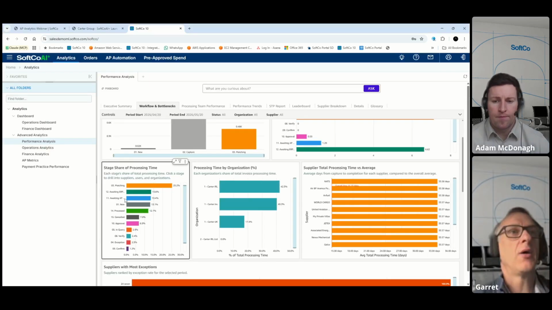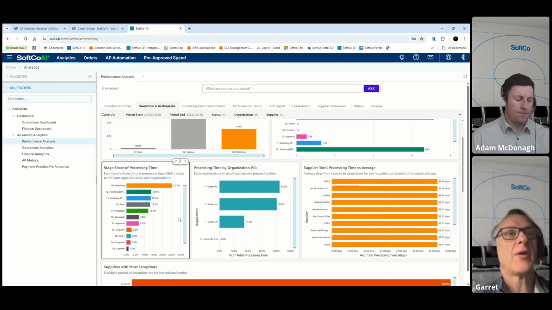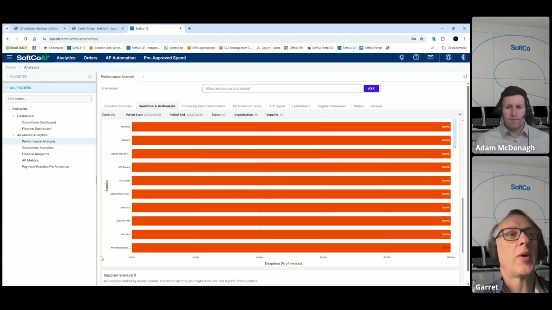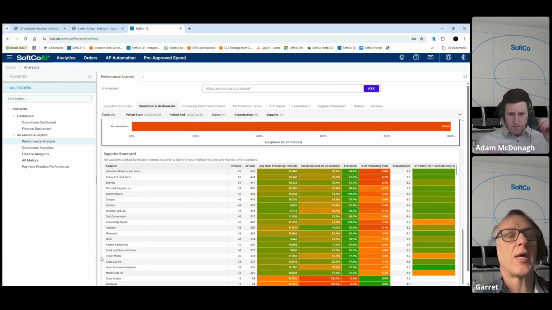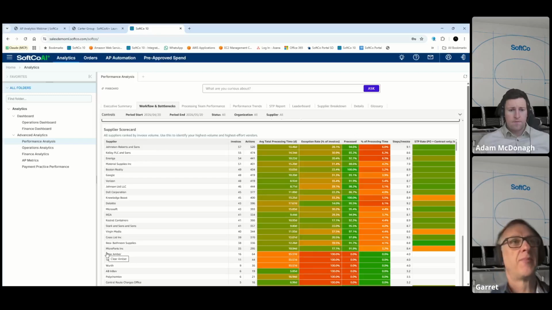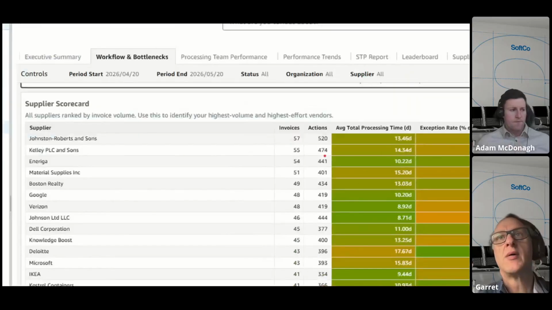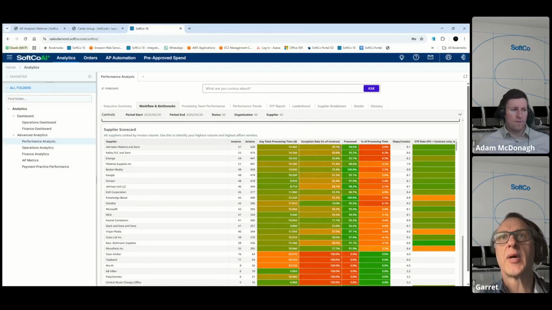And also, as I was mentioning earlier on, being able to have meaningful conversations with suppliers. That's where we come at it with the concept of a supplier scorecard, so that on a supplier by supplier basis we can identify how much time we're having to spend on their invoices, what's the typical exception rate, what's the typical number of steps it takes to process those invoices, and what's the time we require for each of those invoices.